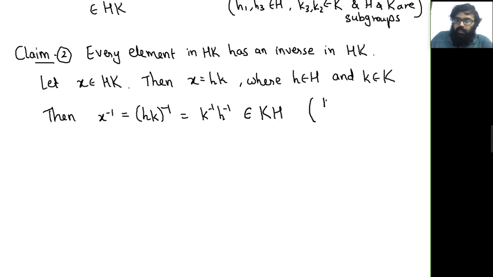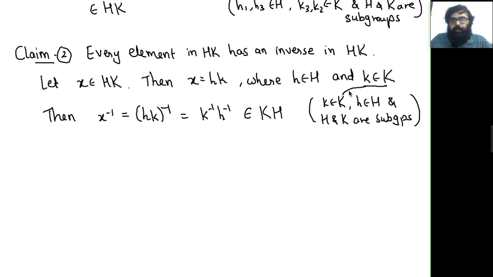The reason is k belongs to K, h belongs to H, and because H and K are subgroups, k inverse belongs to K and h inverse belongs to H. So k inverse h inverse belongs to KH.